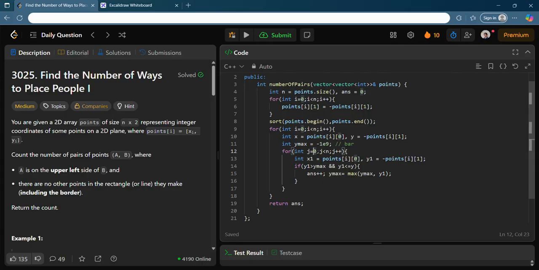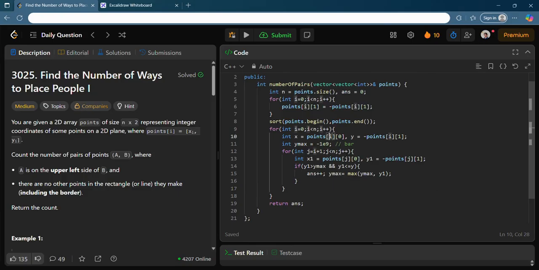I should start from i plus 1, right? One thing is for sure, I should start from i plus 1, because I have sorted it already, and I am looking for the points which are to my right. And definitely these will be j, because the iterating variable is not i but j. So a little analysis shows some mistakes.